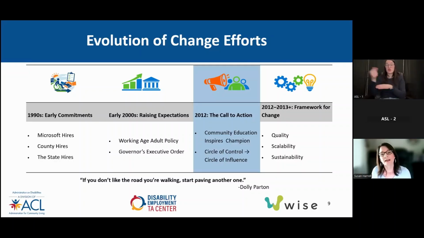And really the 2012 to 2013 plus framework for change, when it came to large hiring efforts, really began to think about new models that impacted quality, scalability, and sustainability in a really more global way in order to impact the hiring of more and more people with disabilities into community workplaces.